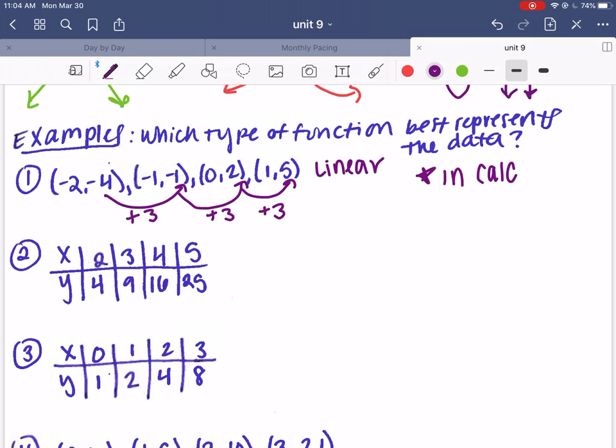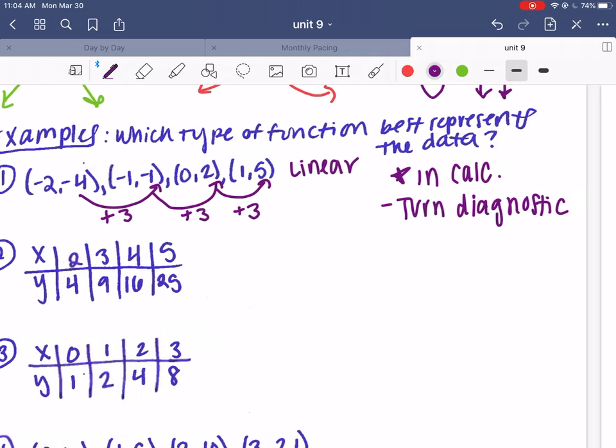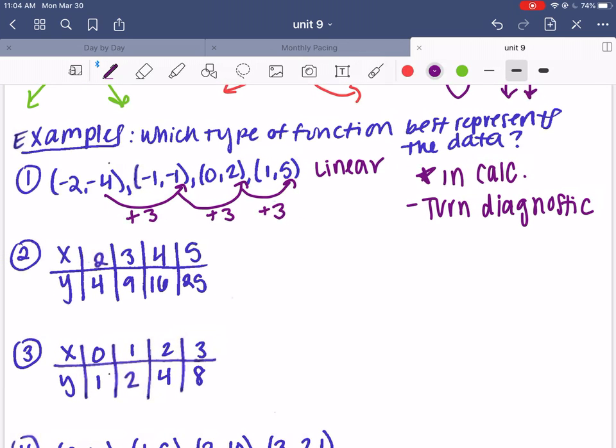So in the calculator, we need to turn the diagnostic on. There we go. To do that, remember you were hitting second, 0, and then you scroll down and click enter once you get it.